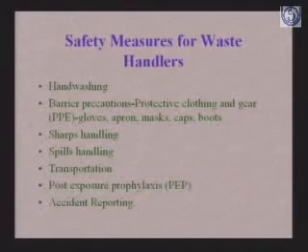The safety measures for waste handlers would include, again, the hand washing, the barrier precautions like personal protective equipment, which involve gloves, aprons, masks, caps and boots, sharps handling and the ability to handle spills, transportation appropriately, and post-exposure prophylaxis and accident reporting. Any accident or mishap that occurs in course of their services have to be reported to the authorities or to the supervisors.